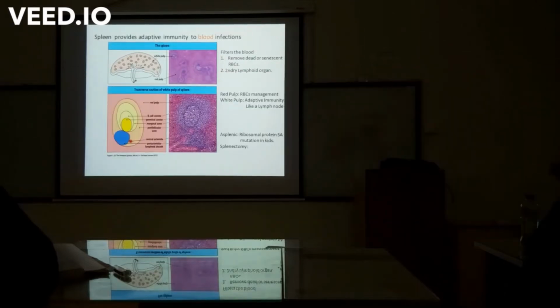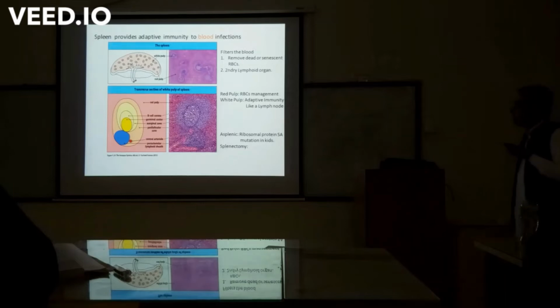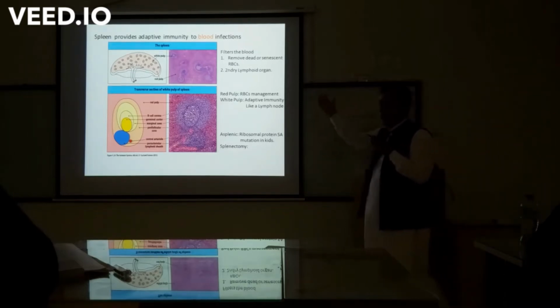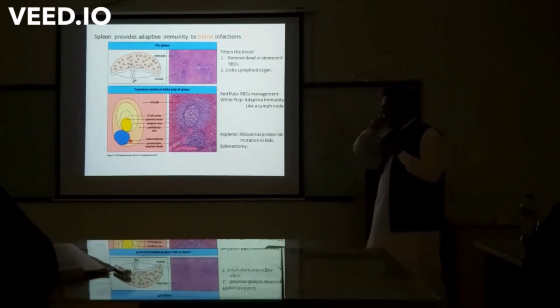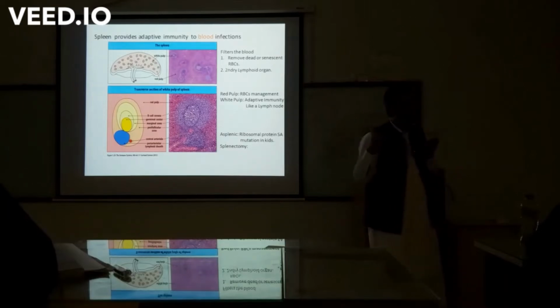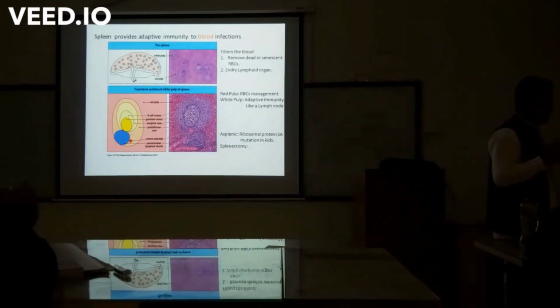The spleen also is a very important organ which is involved in adaptive immune responses, and it actually is dealing with blood infections.